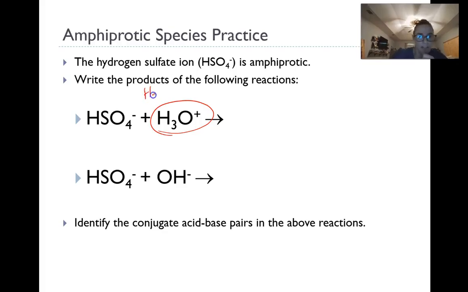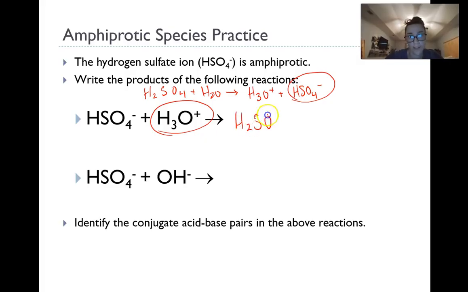That sulfuric acid is going to donate its proton to water because it's an acid, producing hydronium and HSO4 minus, okay? But then that HSO4 minus can react with the hydronium ions, and if it does that, it will just reform the acid, sulfuric acid plus water.